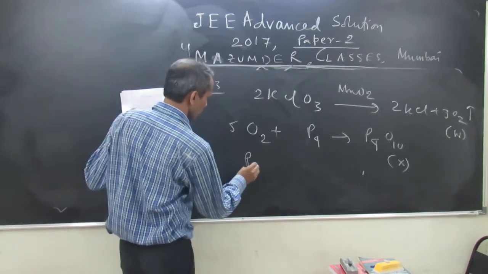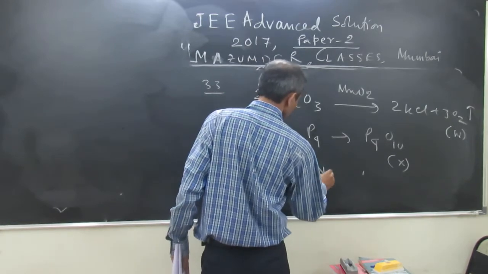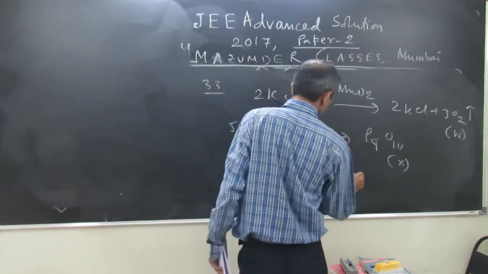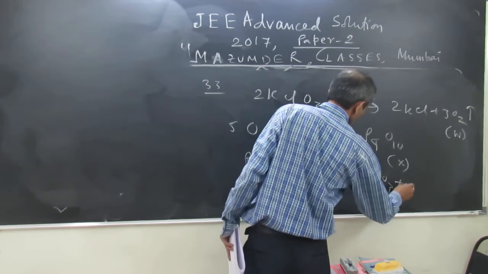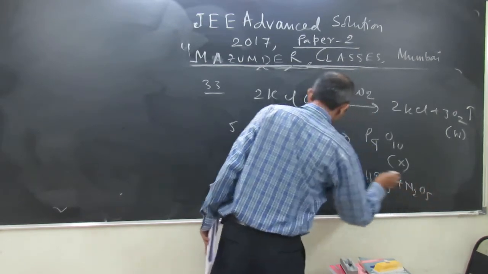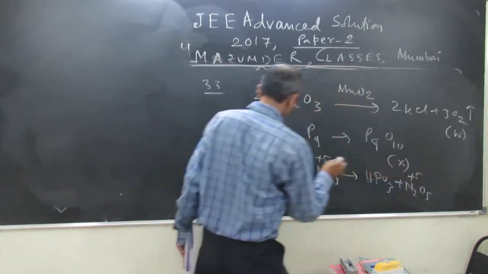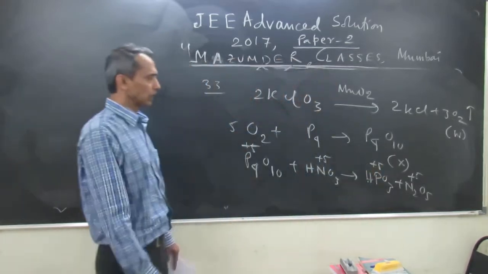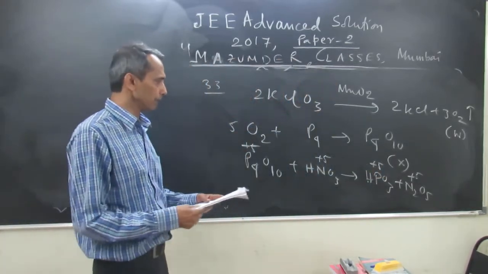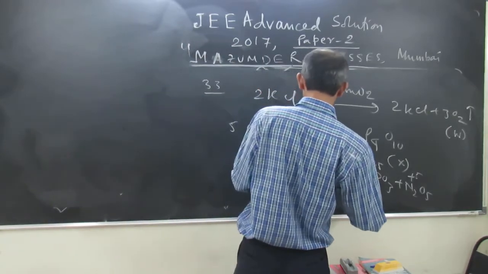P4O10 plus HNO3 gives you metaphosphoric acid HPO3 plus N2O5, because nitrogen cannot change its oxidation number. It is a simple dehydration reaction, phosphorus stays plus 5, a simple water transfer from HNO3 to P4O10. So HNO3 gives Y and Z.